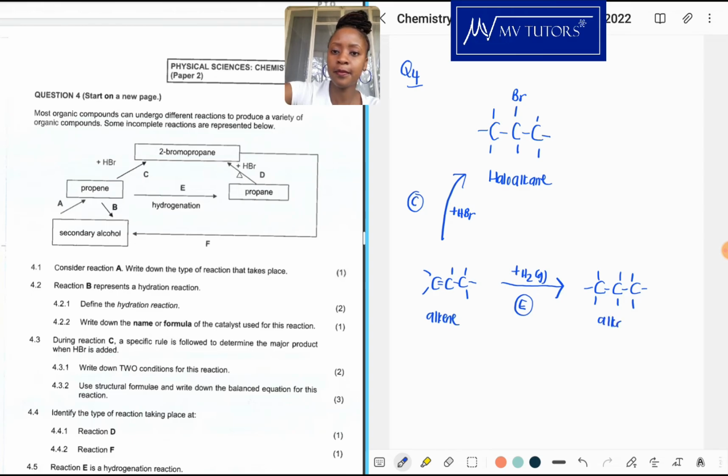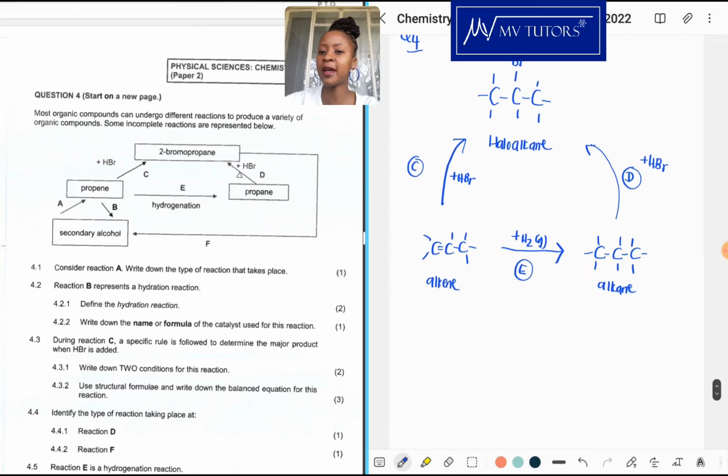And then from an alkane, we go back to 2-bromopropane. That would be reaction D. So we are adding a hydrohalogen. We're going back to the haloalkane.